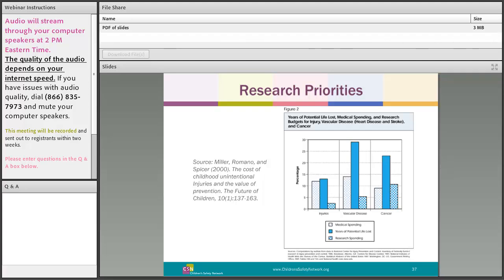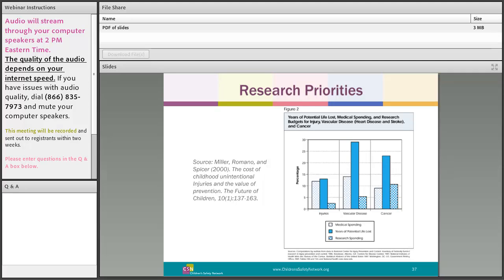I don't have a for sure answer, so don't hold me to this. But my guess is that vascular disease, maybe it's because people are dying young and there's a lot of vascular disease. So if you add up the number of years lost due to vascular disease, it would add up to more than that for injuries. So think about it this way.